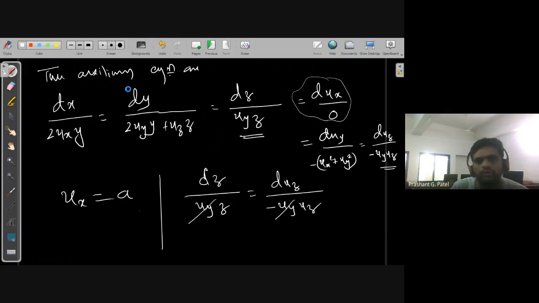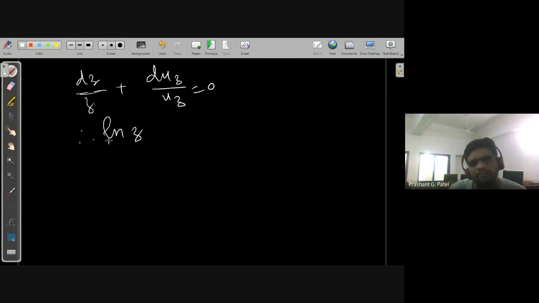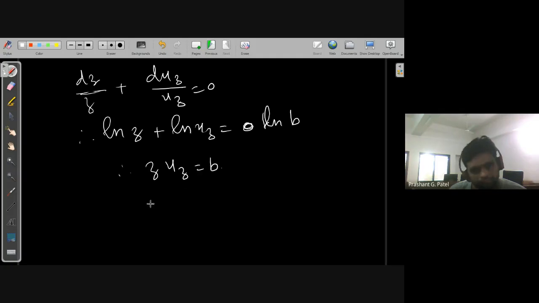So you will have dz upon z plus duz upon uz equal to 0. Take the integral: ln z plus ln uz equal to a constant, let's say ln b. So that gives me z into uz is equal to constant b, so uz is b by z.